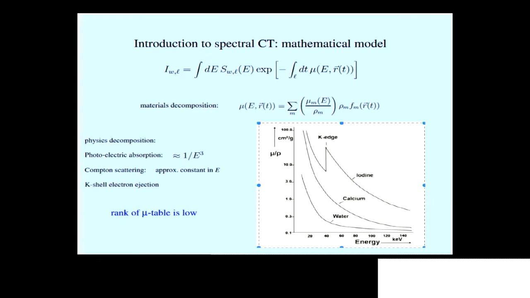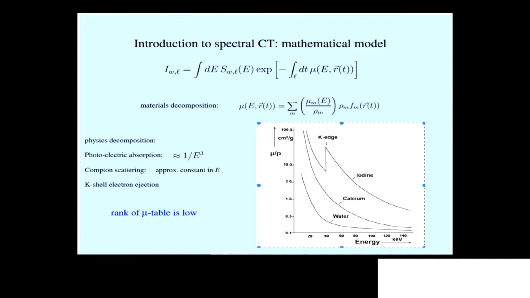So mathematically, though, the fact that you only have a few processes creates a bit of an issue when you do the materials decomposition, because you have many more materials than there are physical processes.